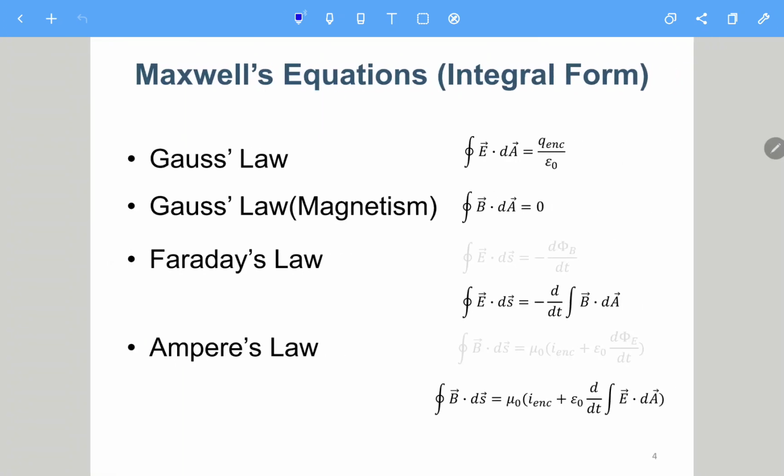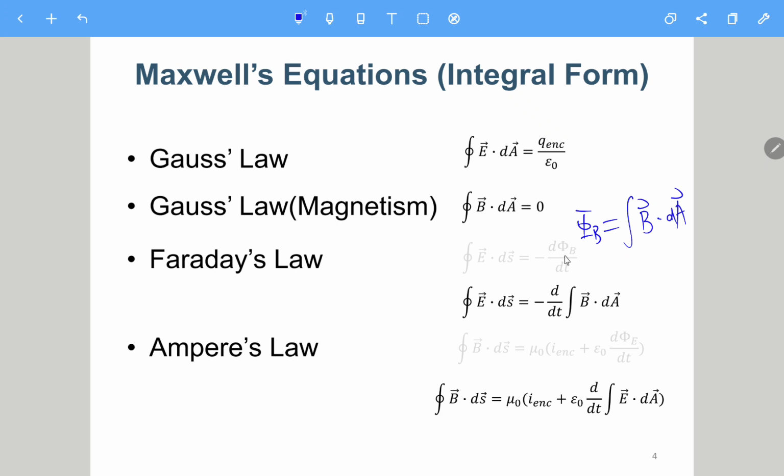Okay. So here we try to change this part. Phi b is the magnetic flux over the Ampere's loop. So we can more generally write it as the integral of B dot dA, which is the definition of magnetic flux.